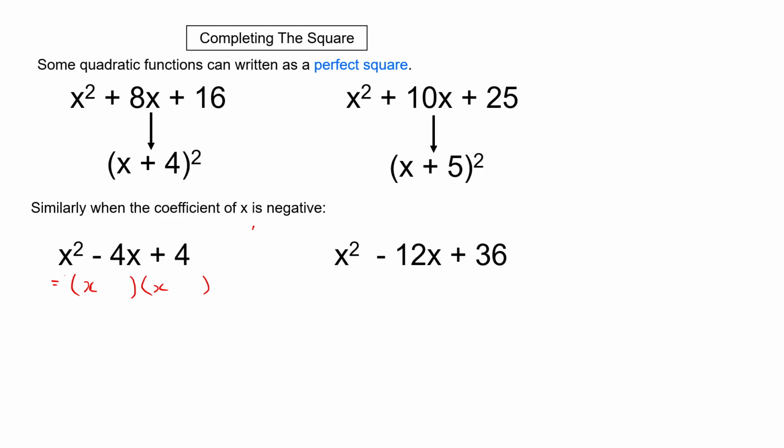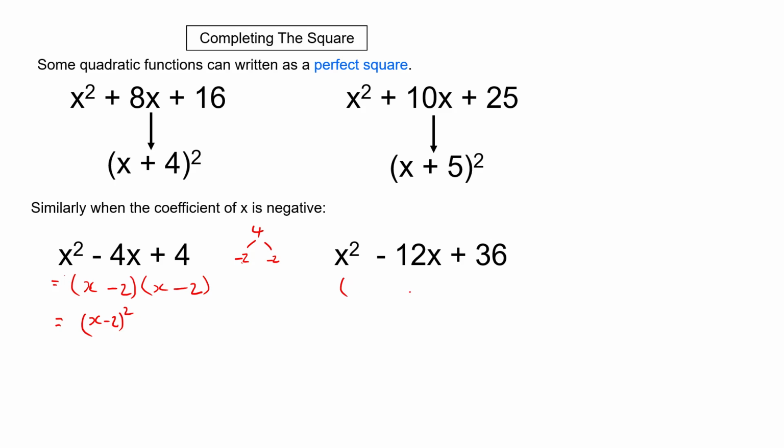Now we've got 4, but it's a minus 4 it gives us. Now we're looking for our perfect square. So it's going to be 2 times 2, which is the square root of 4. But they both have to be negative, because minus 2 times minus 2 gives us positive 4. So that's x minus 2 and x minus 2. So our perfect square is x minus 2 squared.